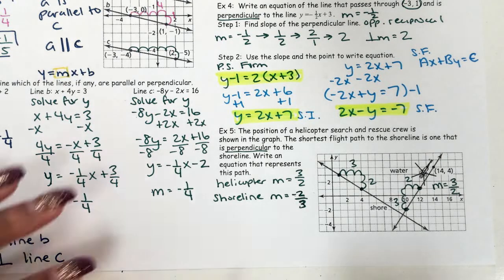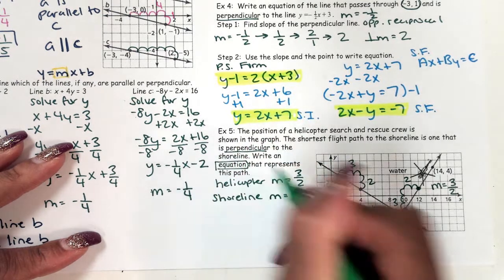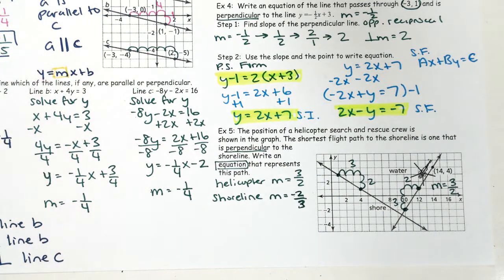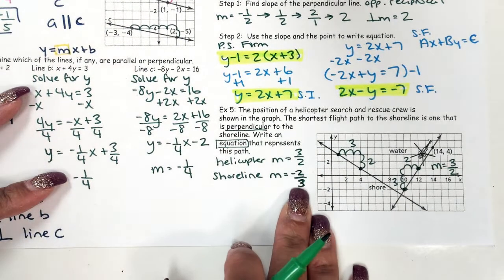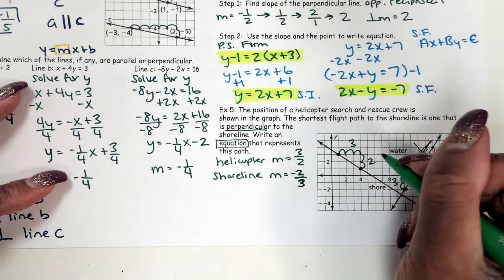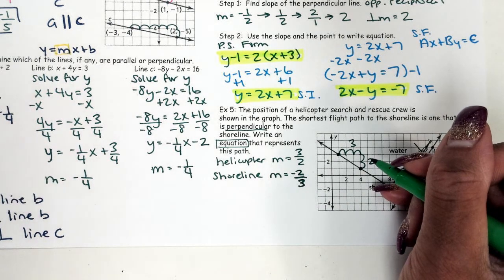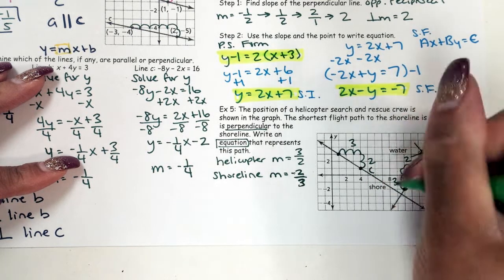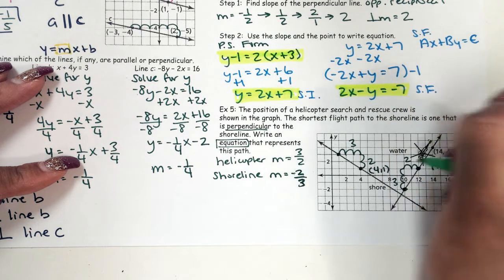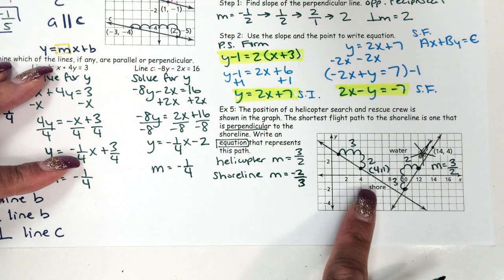However, it's asking for an equation, so let's put it in point slope form. I have my new perpendicular slope, and let's pick a point. I'm going to pick the point (4, 1).